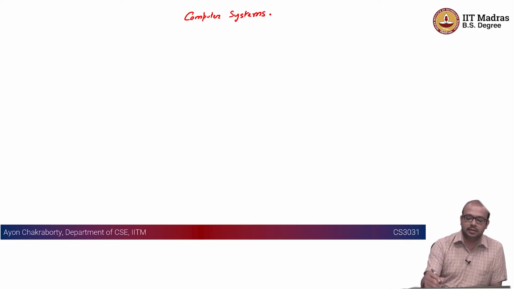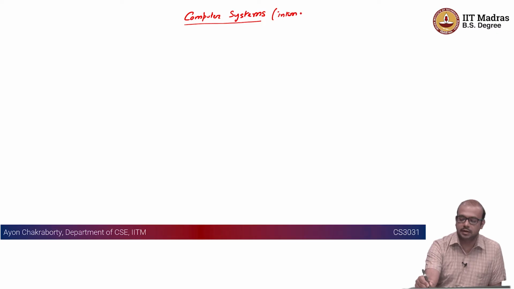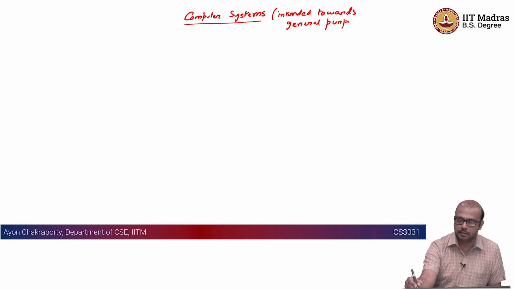So typically the flow would be like this. We are intended towards general purpose processors.